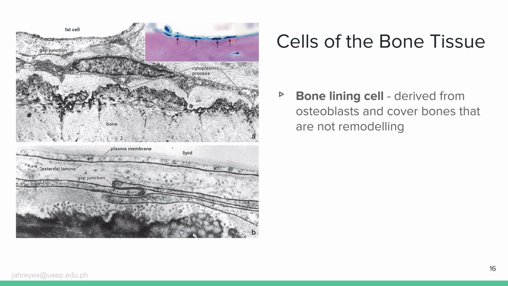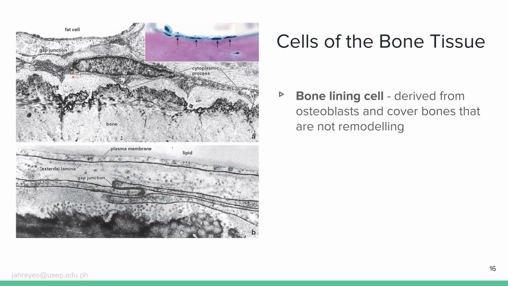So they are found on the external bone surfaces, and when they are found on external bone surfaces, they are termed as periosteal cells. But when they are found in inner lining of those bone surfaces, they are referred to as endosteal cells.